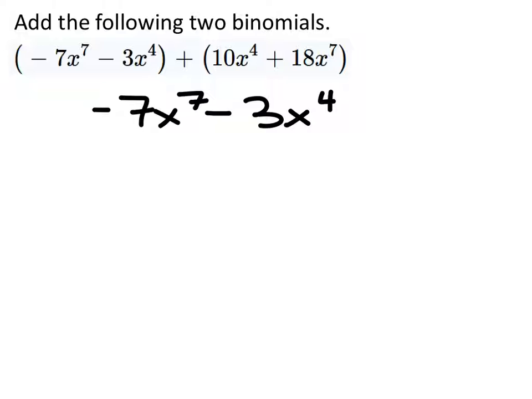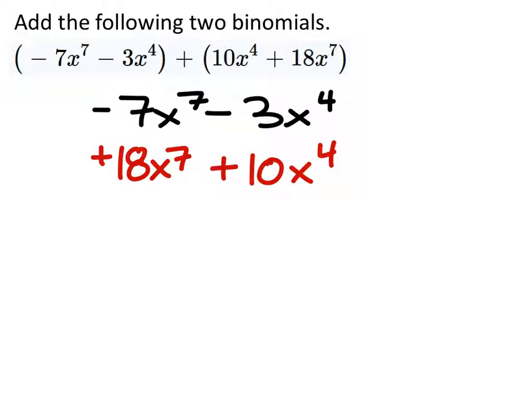So instead of writing the second binomial as 10x to the 4th plus 18x to the 7th, I'm going to write this as positive 18x to the 7th, and then positive 10x to the 4th. This lines up the terms with the same degrees in columns.